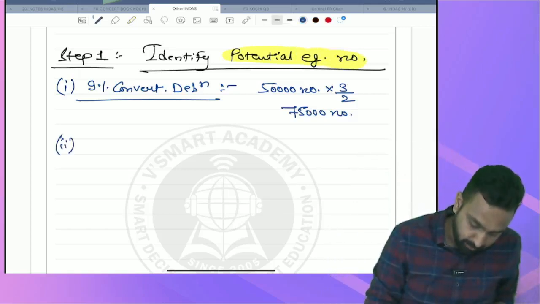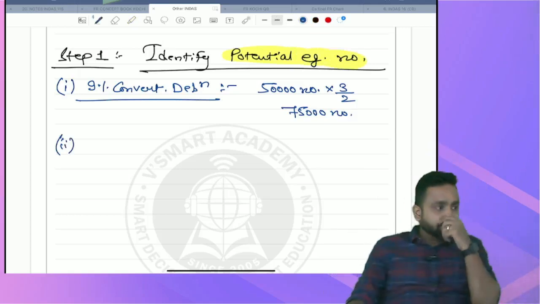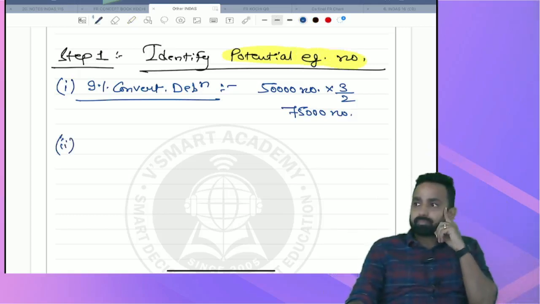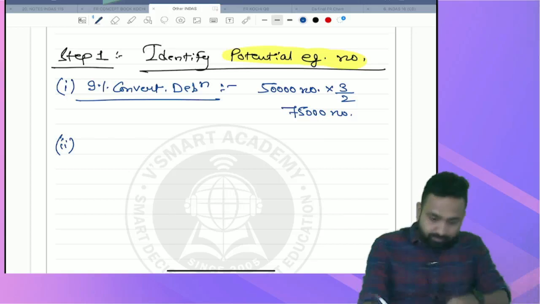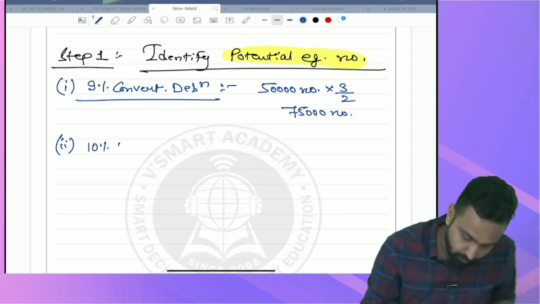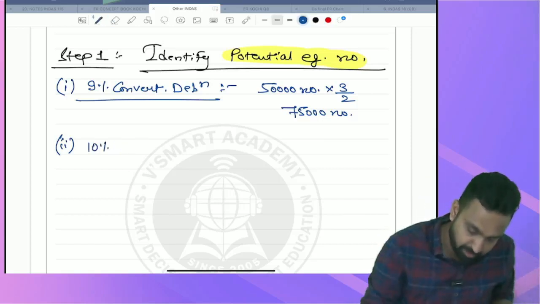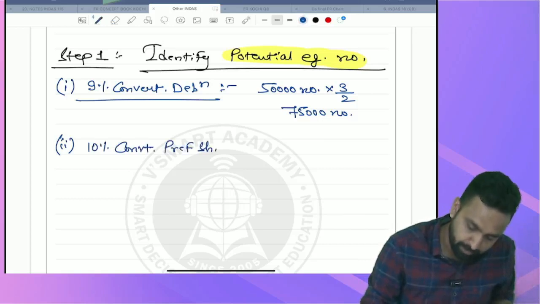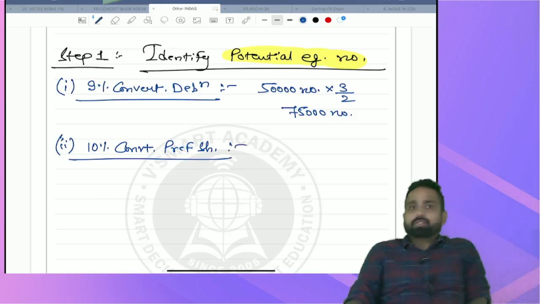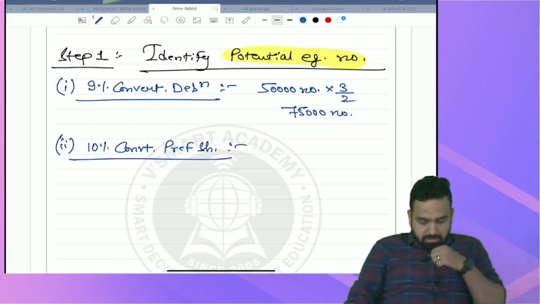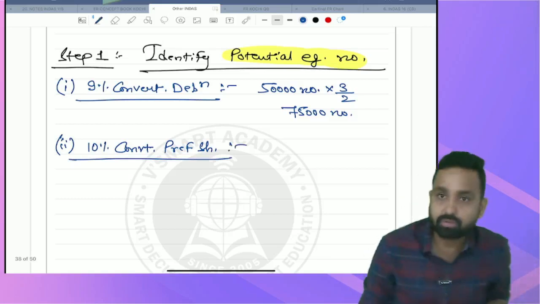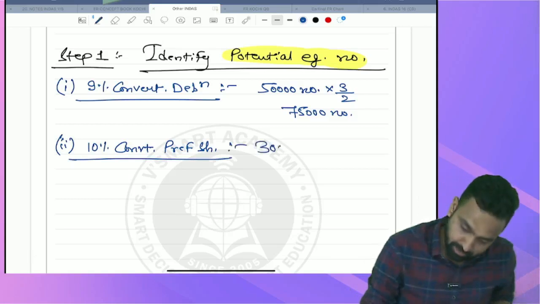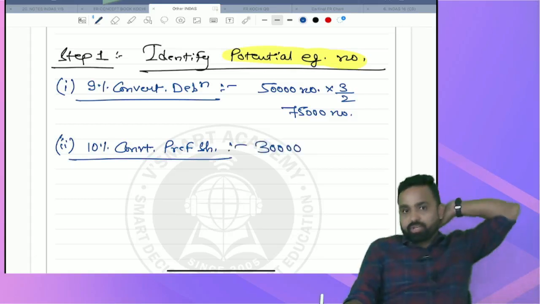Second: 10% convertible preference shares. The number is 30,000, issued in the current year.